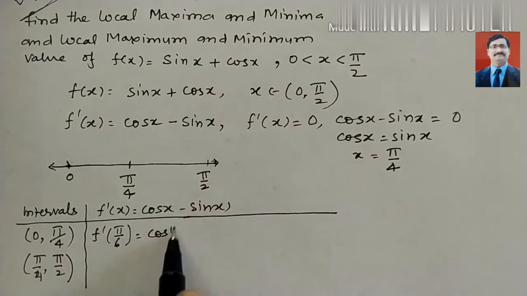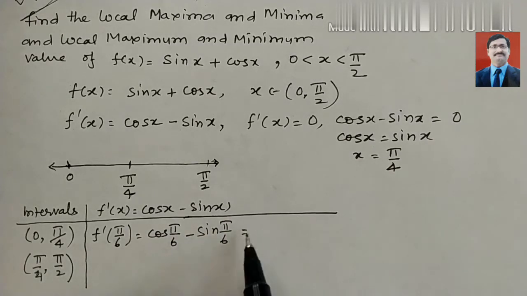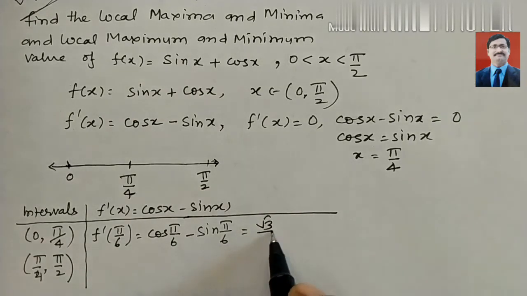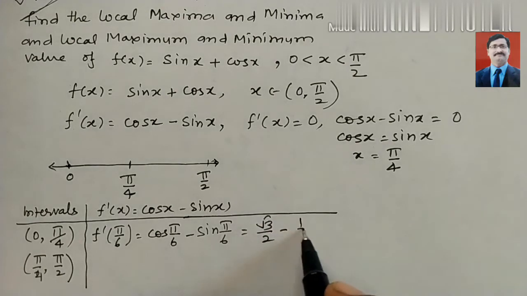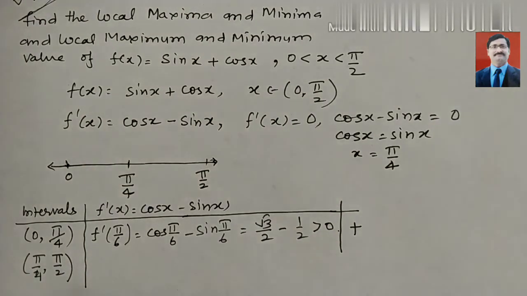Cos pi by 6 minus sin pi by 6. Cos 30 degrees we know is root 3 by 2, and sin 30 is 1 by 2. Now you can see this is greater than this, so it is greater than 0, which means positive. Next, pi by 4 to pi by 2 means 45 to 90 degrees.